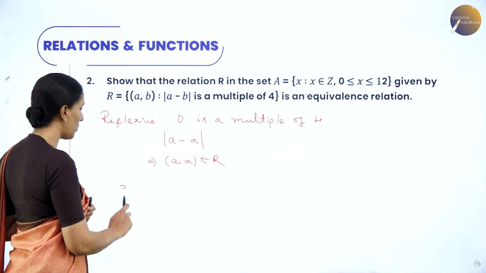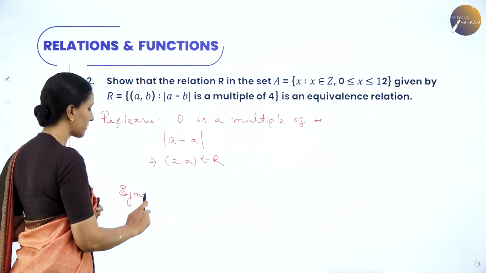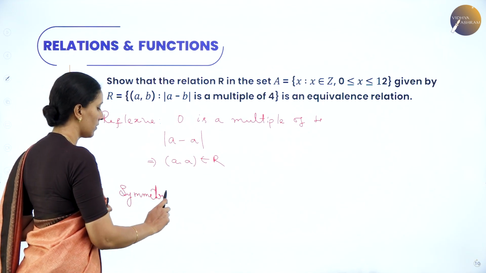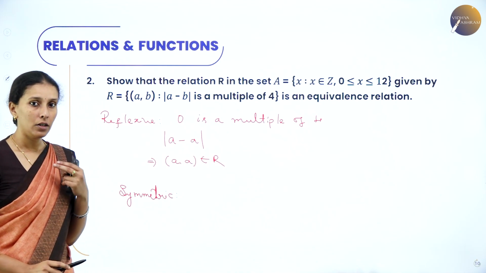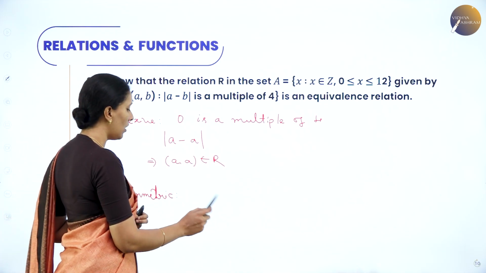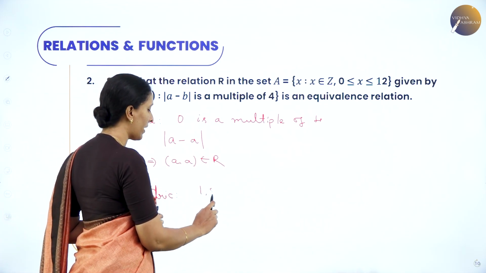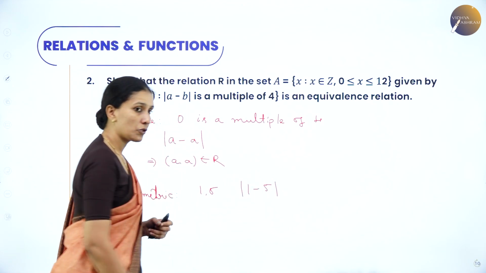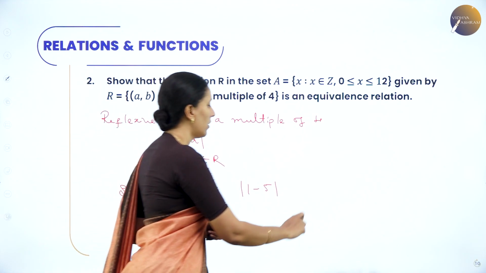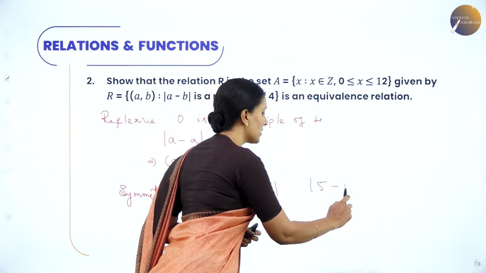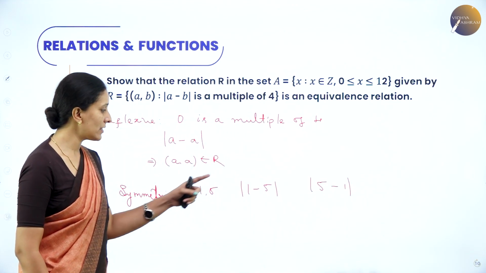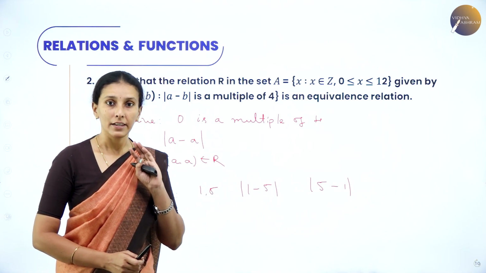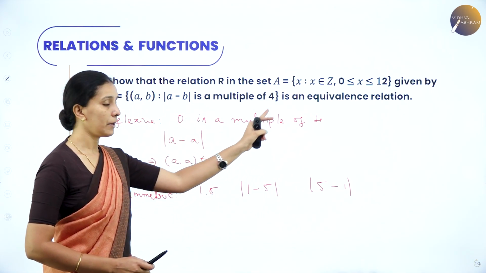Let's take an example of symmetry. Let me take two numbers, 1 and 5. So (1, 5) belongs to R, and (5, 1) also belongs to R because their difference under the modulus is 4 and 4 is a multiple of 4.